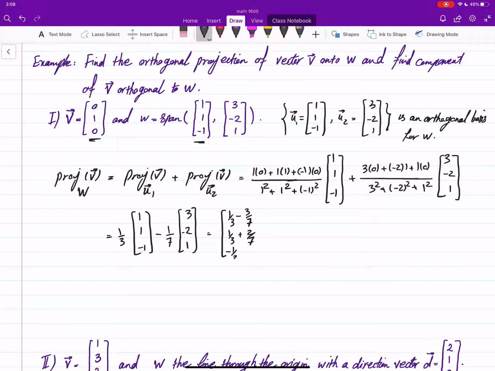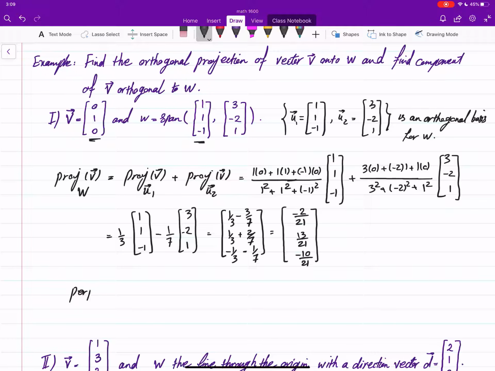And this is negative 1 over 3 minus 1 over 7. Here, this is 7 minus 9, which is negative 2 over 21. That's 7 plus 6 is 13 over 21. And this is negative 7 minus 3 is negative 10 over 21. That is the projection. So projection of v over W we found.